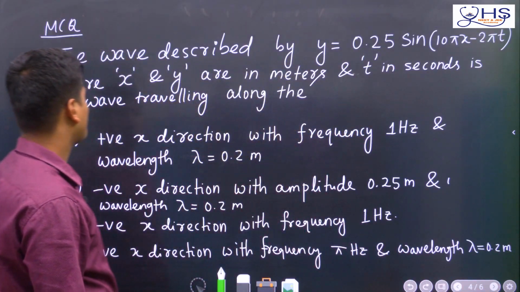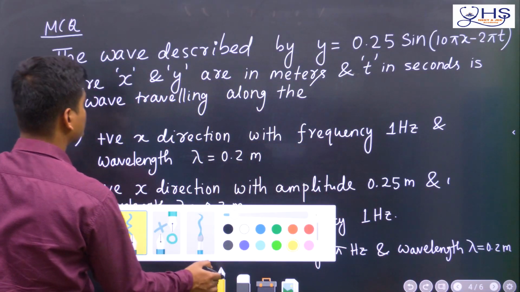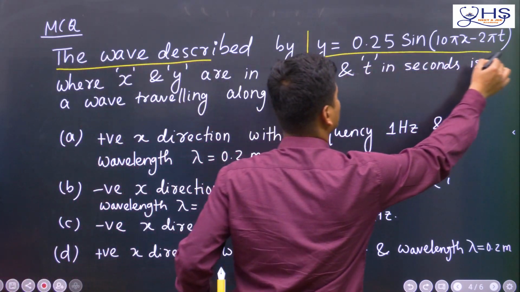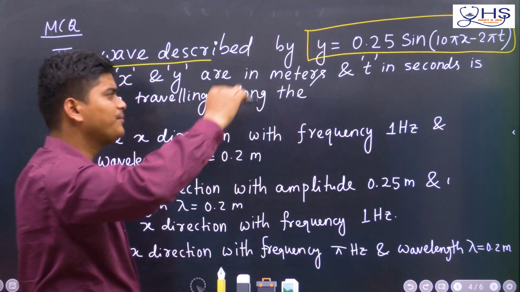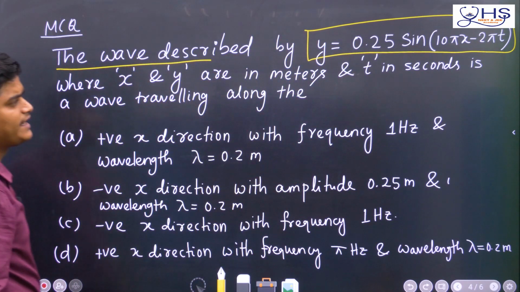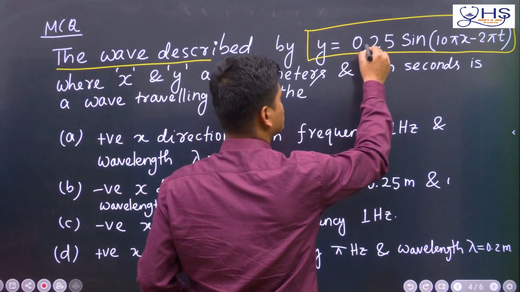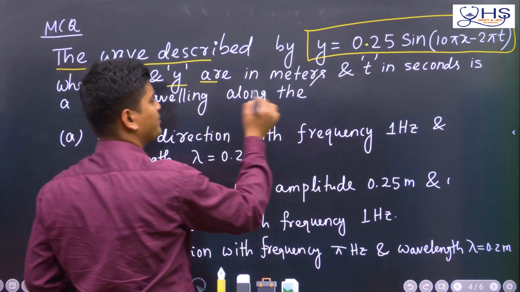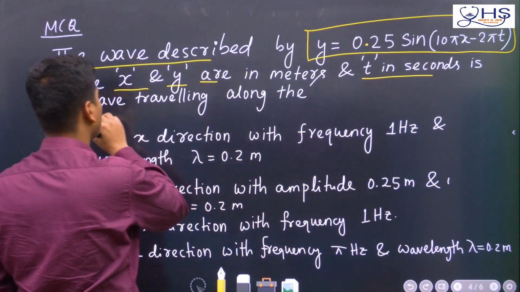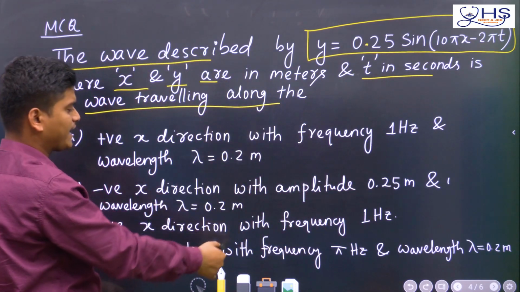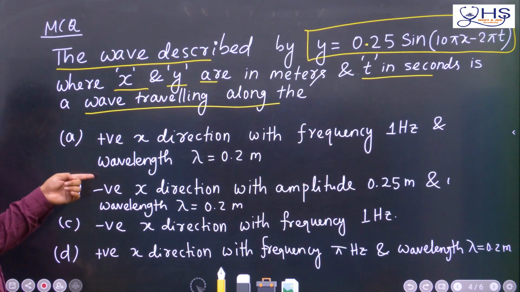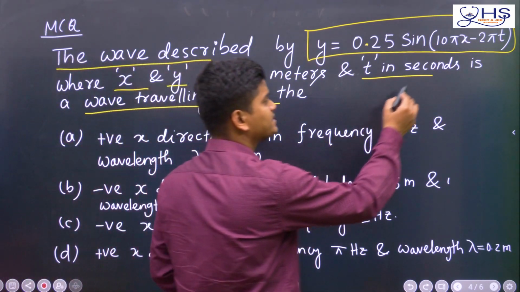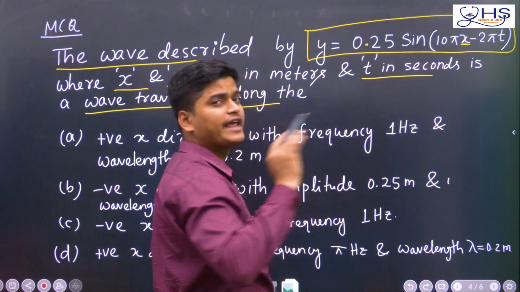Now see here, it is given that the wave is described by y equal to 0.25 sine (10 pi x minus 2 pi t), where x and y are in meters and t is in seconds. The question asks along which direction the wave travels, given the options positive or negative x. Definitely x is in the bracket, so it is traveling in the x direction.